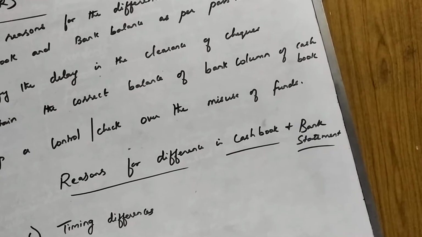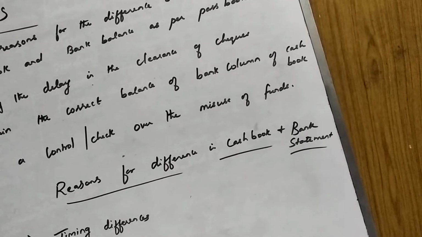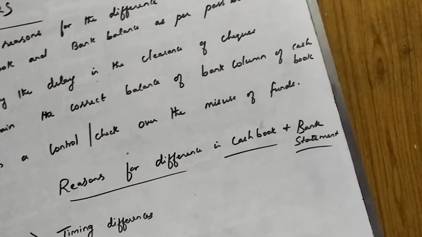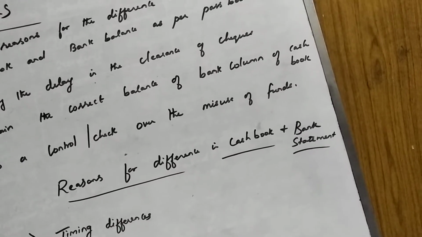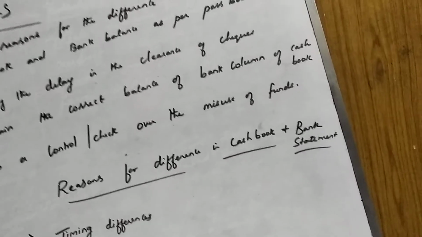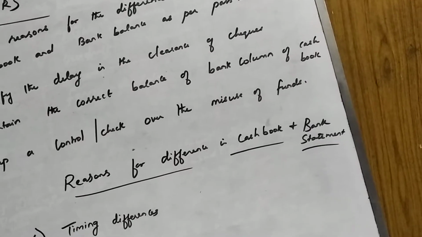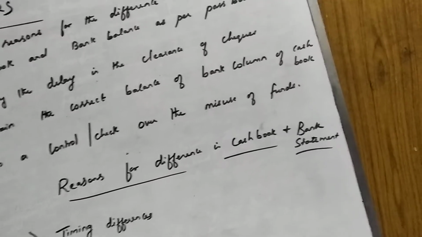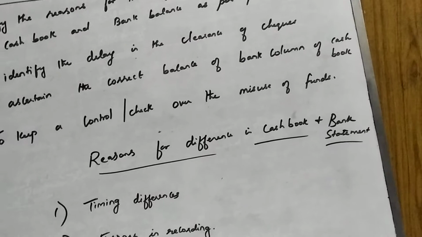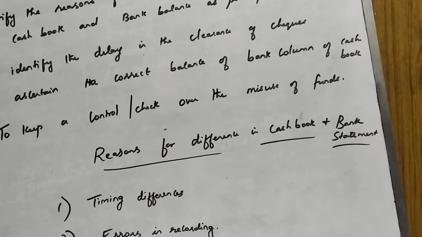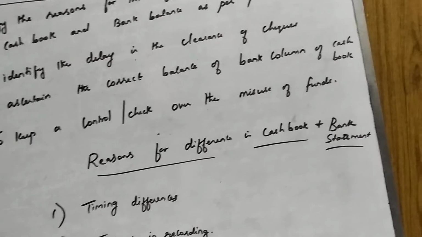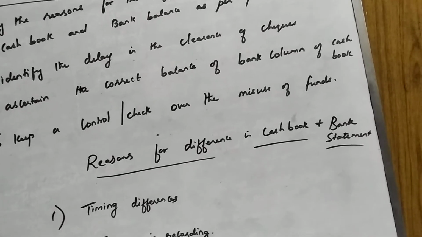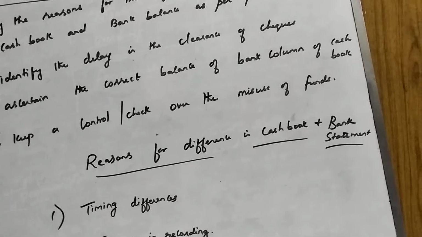The amount will not be transferred from your customer's account to your account. Why? There is a lack of funds in your customer's account. So when you deposit the check with the bank, the amount is not transferred. Then the check is dishonored.